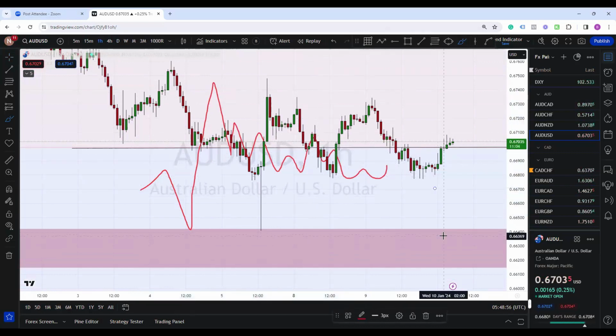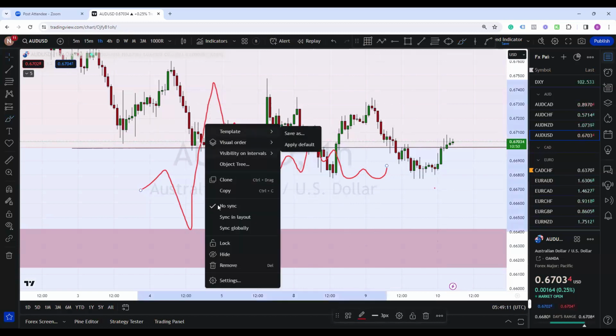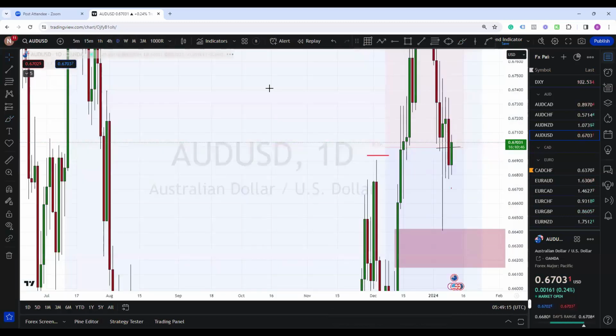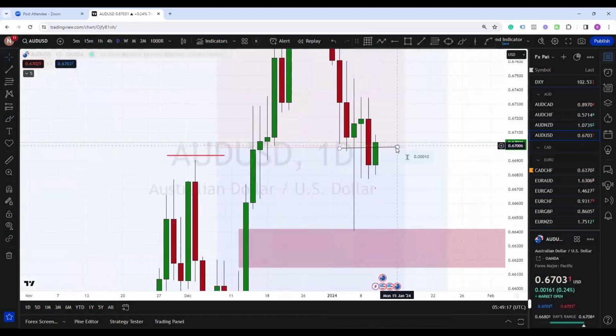Correct? Okay, so my question is, where do you start from when you get a DHL? How do you draw this pattern? With reference to this DHL, we just go a time frame downward. Say from daily, we have a DHL, right?